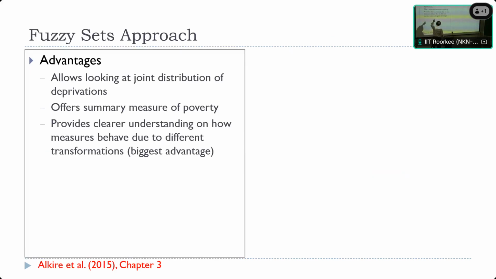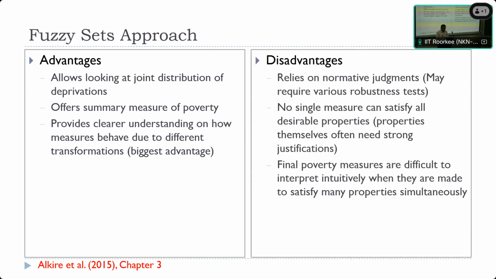They offer summary measures and of course provide a clearer understanding of how measures behave under different transformations. This is one reason why I choose to work in this area rather than the other ones, because I was not quite convinced by what they're doing. I'm not saying they're not important. Definitely they're important on their own grounds, but I just did not find them as convincing as the axiomatic approaches.